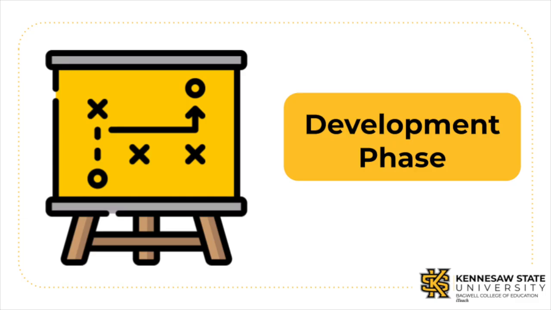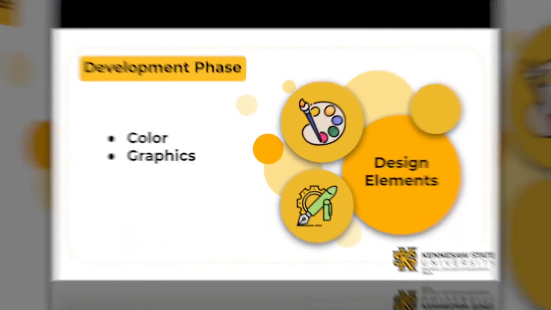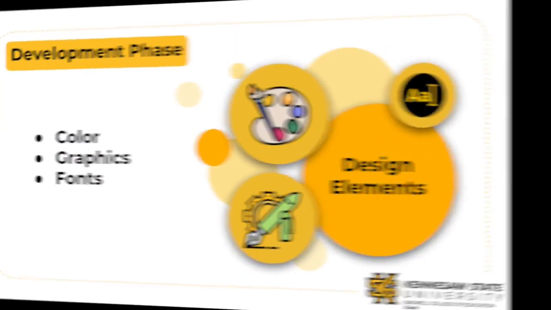During the development phase, you will use your storyboard to build your course in your e-learning platform. Your storyboard will guide you, but remember, this process is iterative, so be prepared to make changes along the way. As you assemble together all of the learning resources you generated, make sure you pay attention to design elements like color, graphics, and fonts.